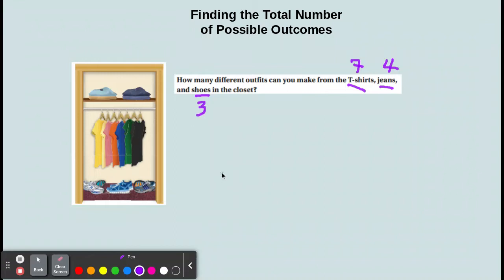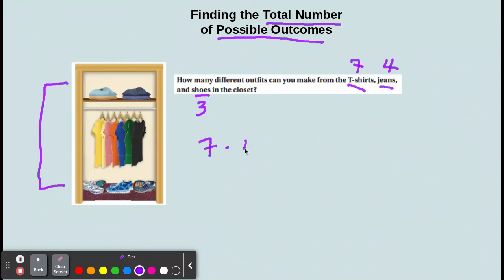Okay, so using our fundamental counting principle, it states that we can multiply all the possible outcomes of each event, and that should give us the total number of possible outcomes for using all three, right? So we have 7 t-shirts.